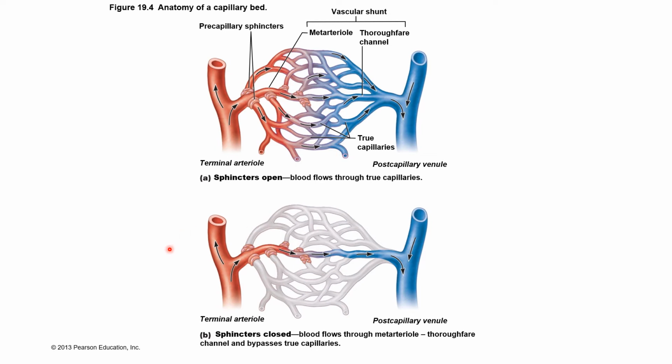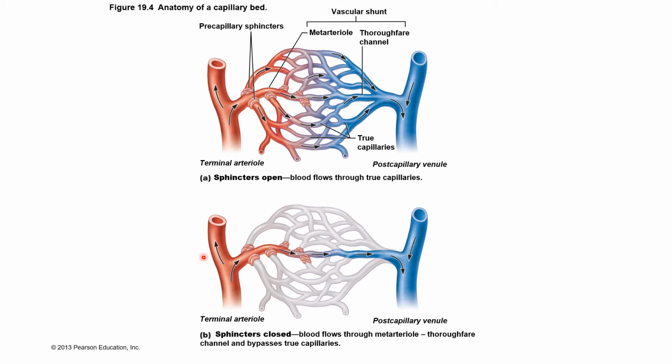Now, what happens when those precapillary sphincters contract? They're basically going to close. And when they close, you would notice that the blood is not going to enter and make its way into those true capillaries. It's just going to go from the terminal arteriole into this branch right here known as the meta-arteriole.